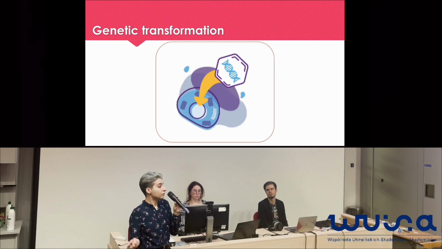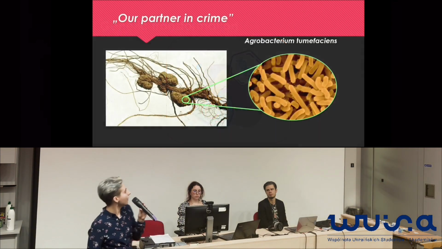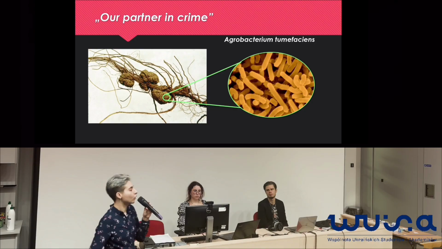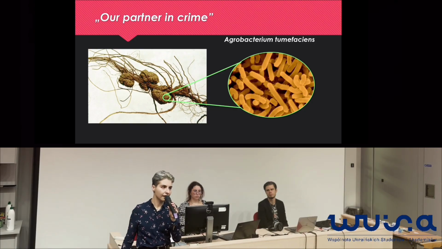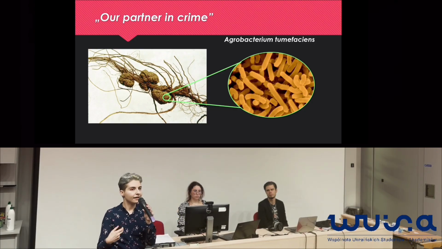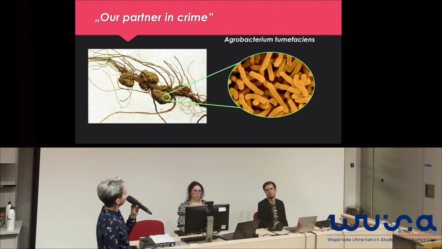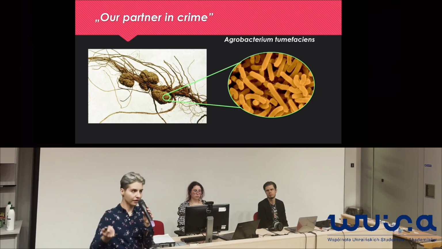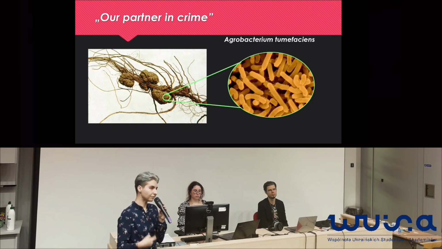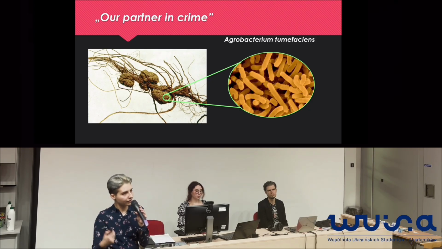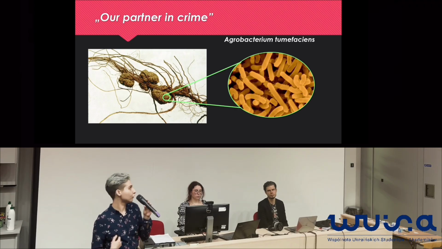For example, with bacteria. We have here the example of a soil bacterium called Agrobacterium tumefaciens. This bacterium attacks plants. You may sometimes see on plants those kinds of tumors. This is a home for the bacteria. So it uses genetic transformation, so the plant will make a nice home for them and produce food for them.